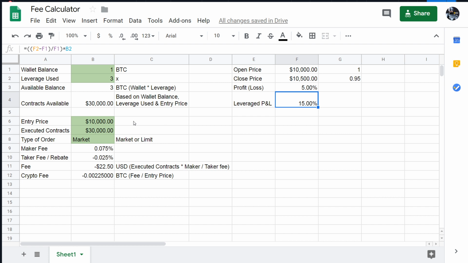Because on the flip side, if this goes from $10,000 to $9,500, at 10x leverage, you are now losing half of your account. Do you want to go from 1 Bitcoin to 0.5 Bitcoin? I know I wouldn't want to.